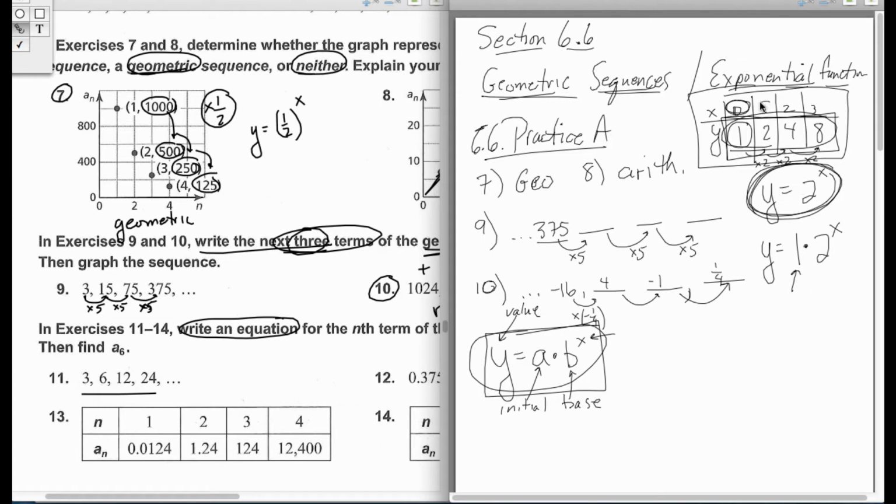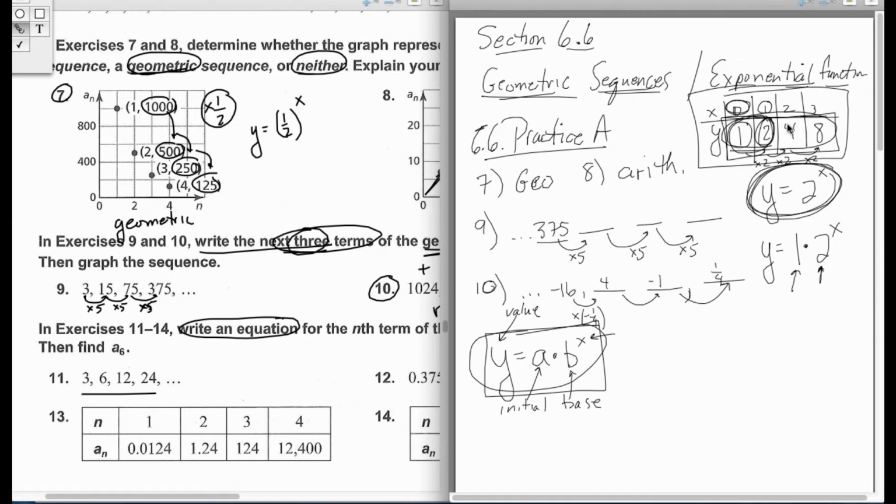When x is 1, you get 2. So you'll notice that when x is 1, you get this value right here. That is your base. But it's the second number in the sequence.